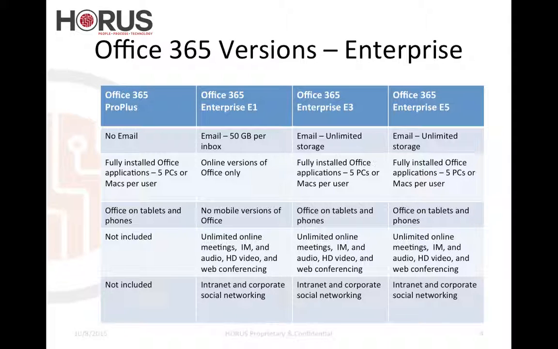The only exception is if you absolutely don't want intranet features and other online features, then go with Office 365 Pro Plus. If you already have access to Microsoft Office licenses through some other means, then go with Office 365 Enterprise E1. It gives you all the online features except Microsoft Office local installations. But Office 365 Enterprise E3 and E5 are essentially what you're looking for.